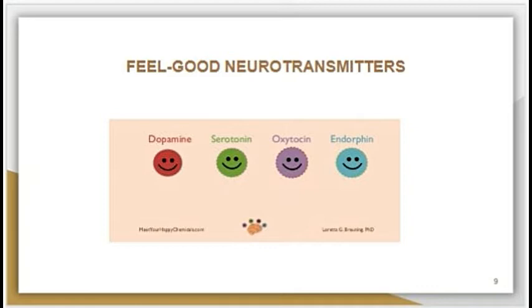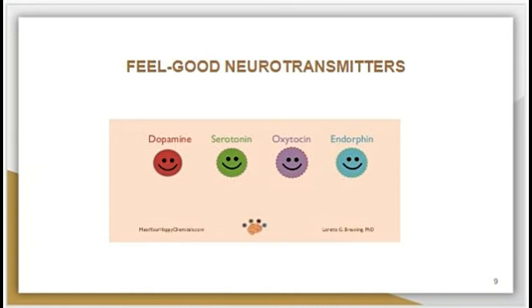These are chemicals or neurotransmitters that are produced by neurons in the brain. And the main cause or the main catalyst for the release of these chemicals, I'm going to say that again, is our thoughts, our narrative, our state of mind.